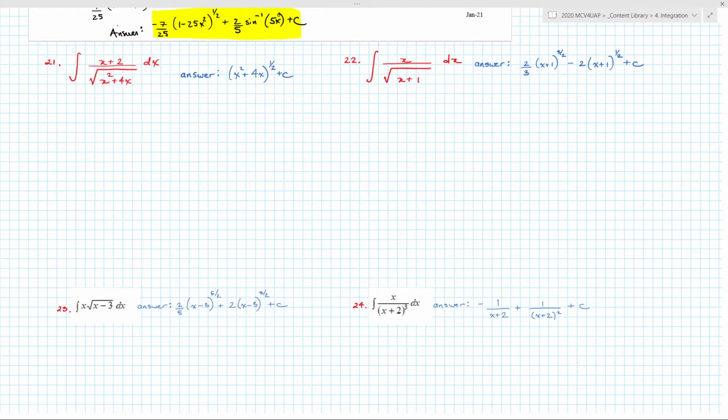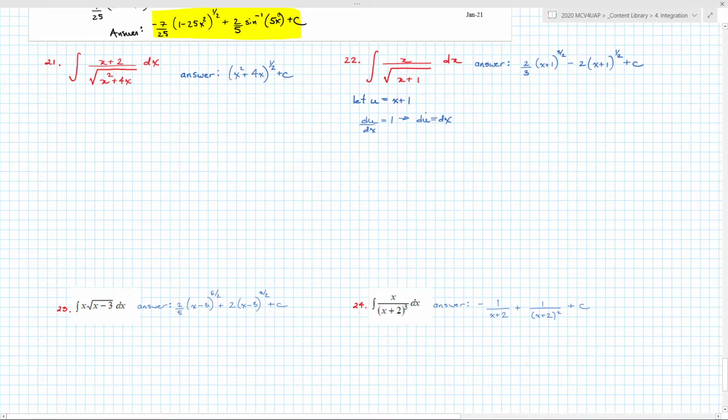So you would start with letting u equal x plus 1. Then take the derivative of that. So du by dx is 1, which means that du is equal to dx.